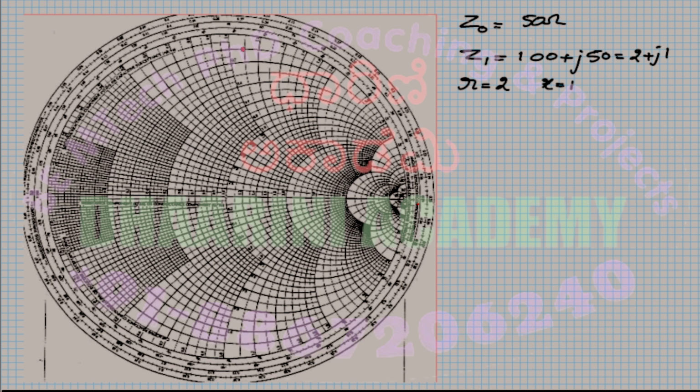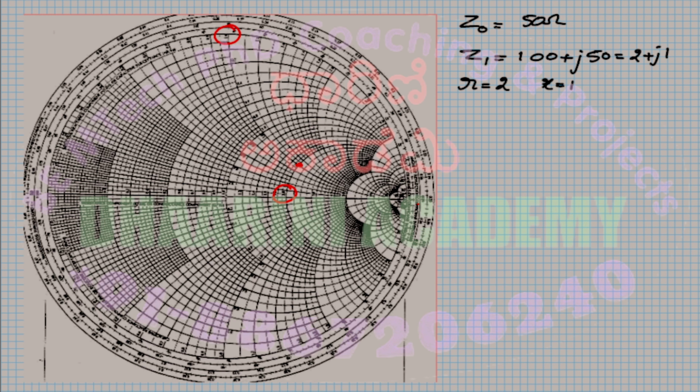So what is that point? It is the intersection of r equal to 2, which I can see written here. Over here you can see different values written, corresponding to the x value. I can see that the x value is equal to 1. The intersection of those two circles I can identify over here.